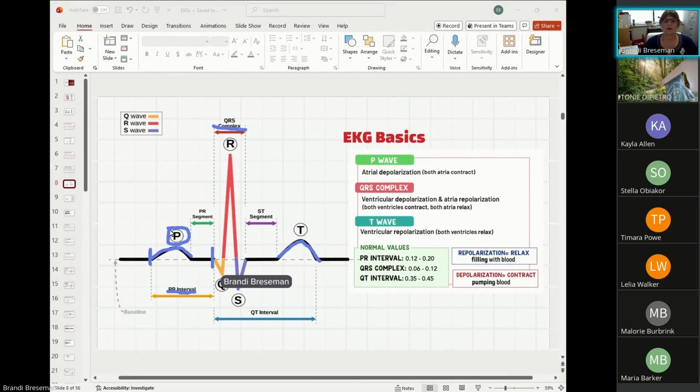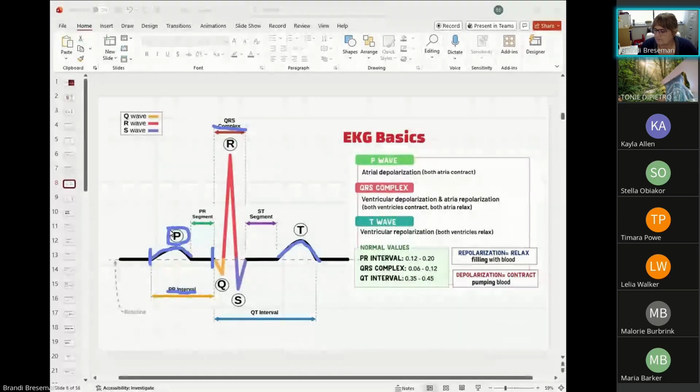We call that the PR interval. A normal PR interval should be between 0.12 to 0.2 seconds.